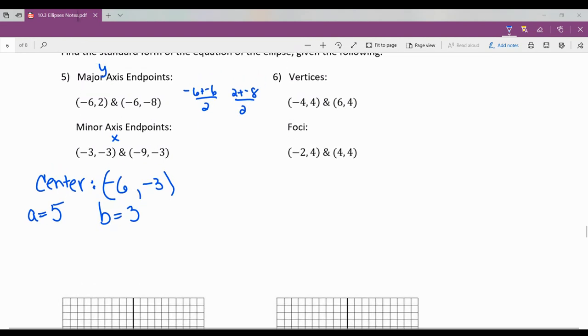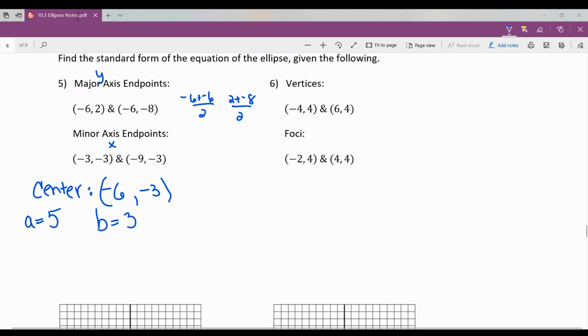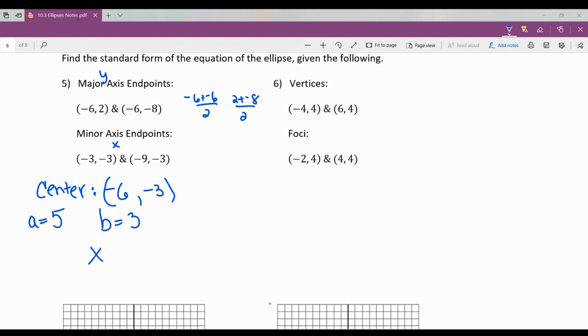All right, so when I do my equation, I do x minus h, so minus -6 becomes +6 squared, plus y minus -3 is +3 squared, over, equals 1.